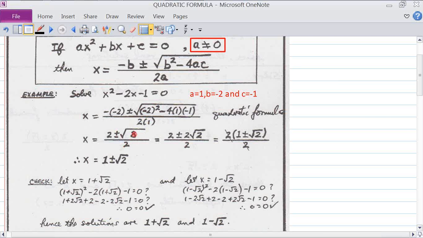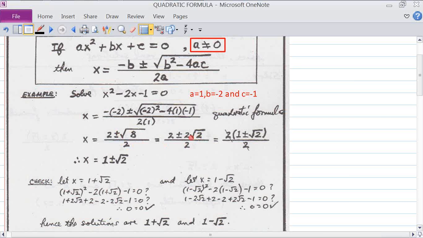Now the square root of 8 is equal to square root of 4 times the square root of 2, so we can take out 4 from this. Instead of writing 8, we can write 4 times 2, and the square root of 4 is 2, so we get 2 root 2.